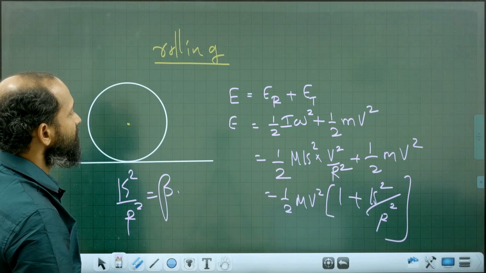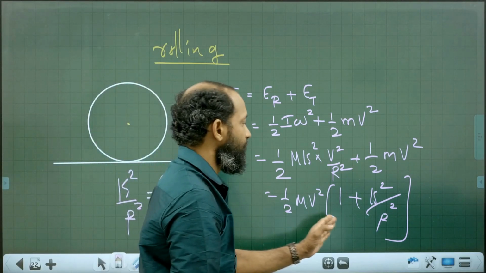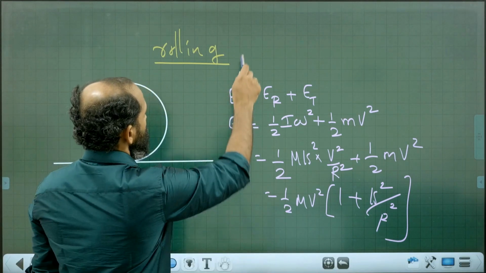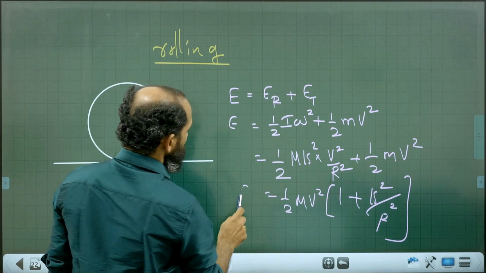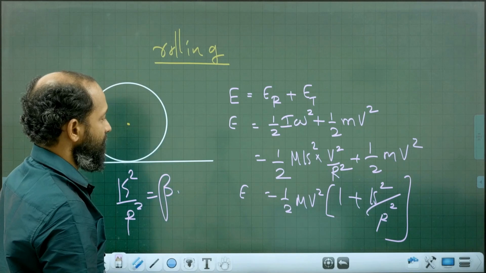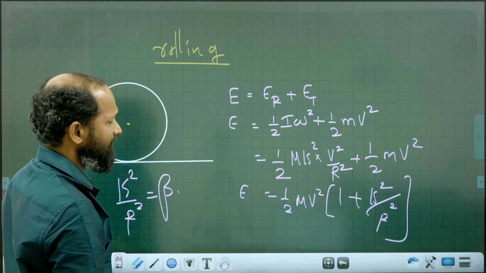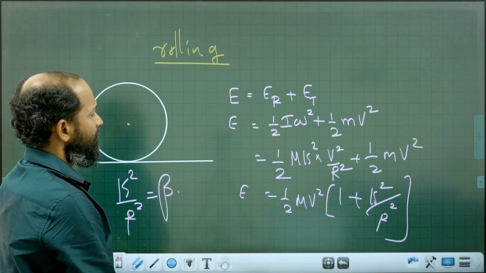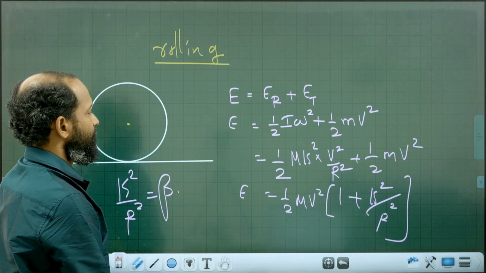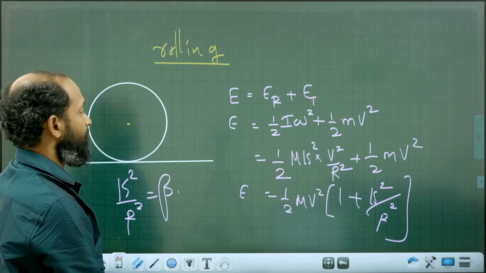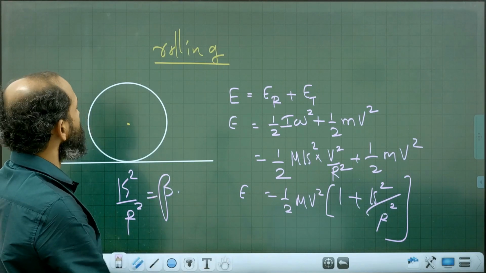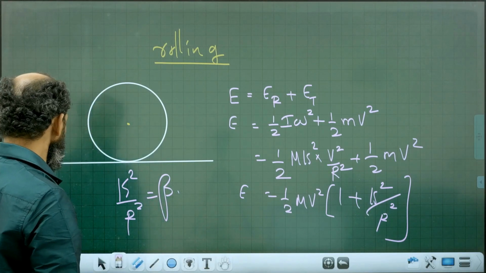So the total kinetic energy of a rolling body is half mv² into (1 + beta). So what is total energy? Total energy is the sum of kinetic and potential. Kinetic, translational and rotational, both: E equals half mv² into (1 + k²/r²).